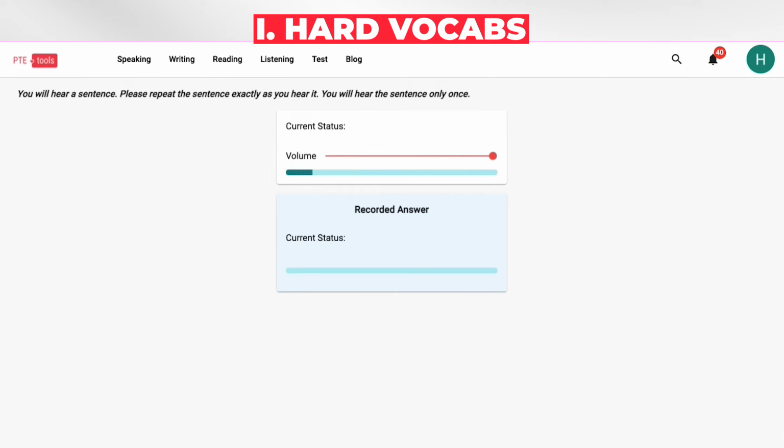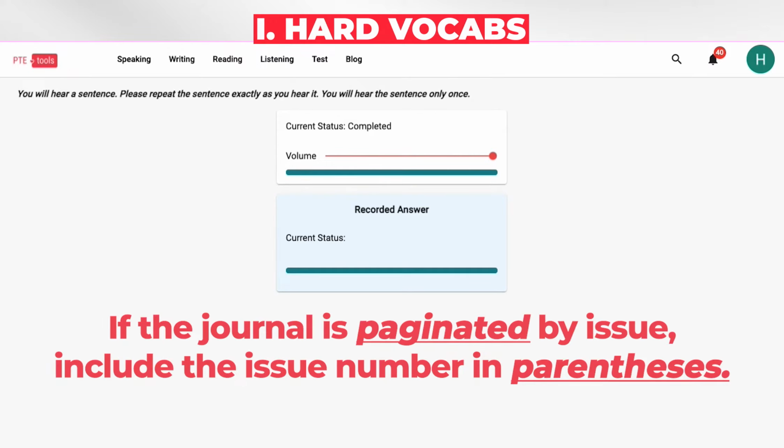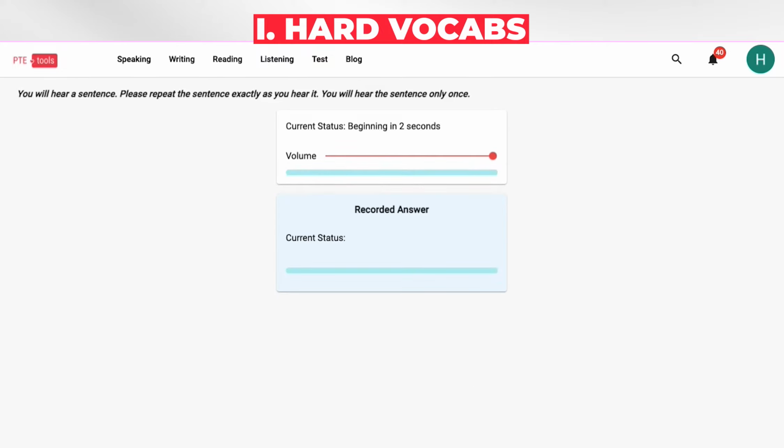If the journal is paginated by issue, include the issue number in parentheses. The distinction is somewhat arbitrary, but remains useful nonetheless.